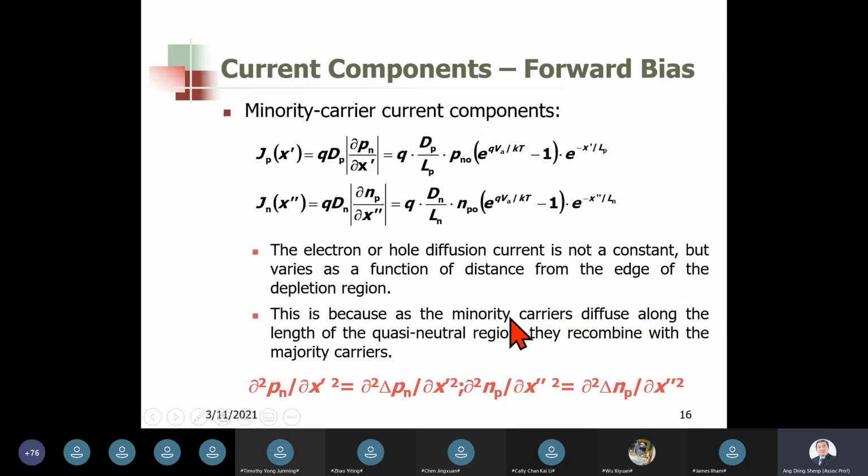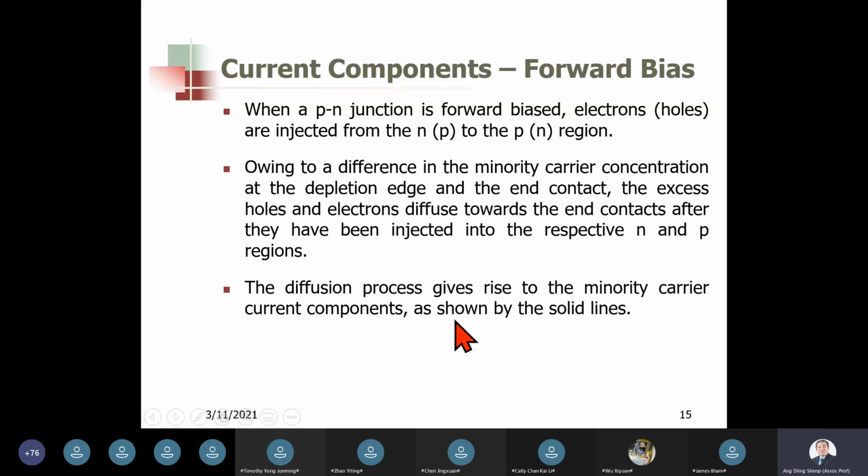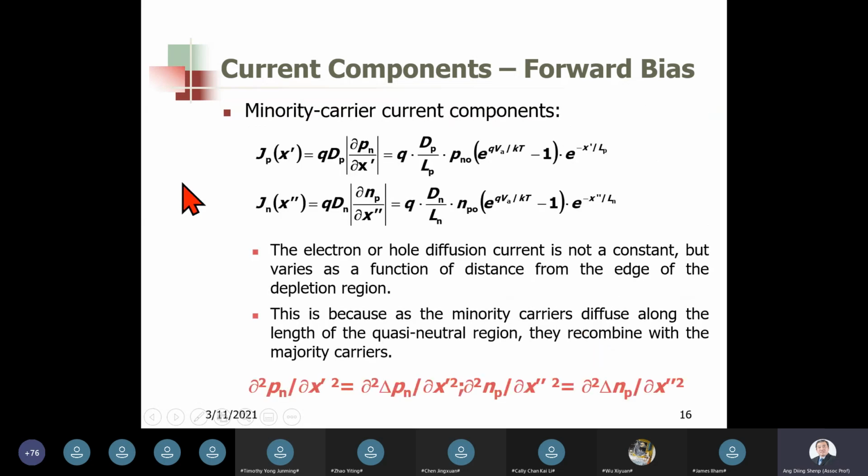So what I'm going to do next is to determine the diffusion current, shown by the solid line. Just be patient, I will show you a diagram later on. Let's look at the equations first. To determine the hole diffusion current density in the quasi-neutral N region, we just need to apply this definition, q D_p dp_n over dx prime.